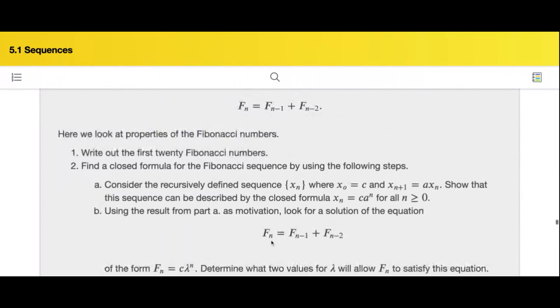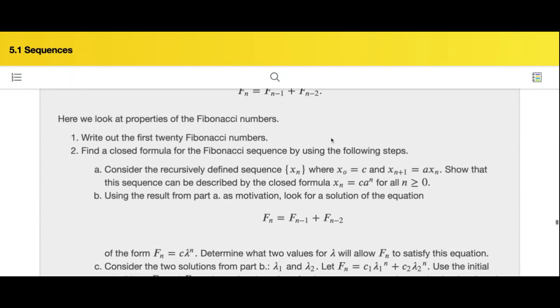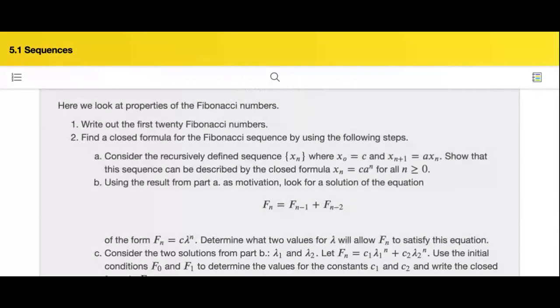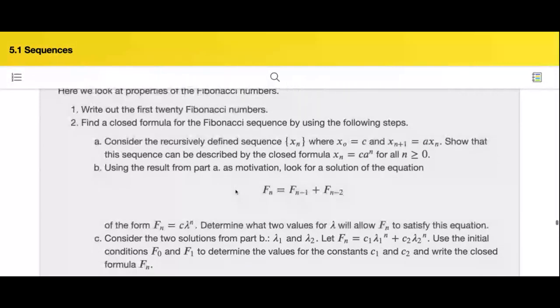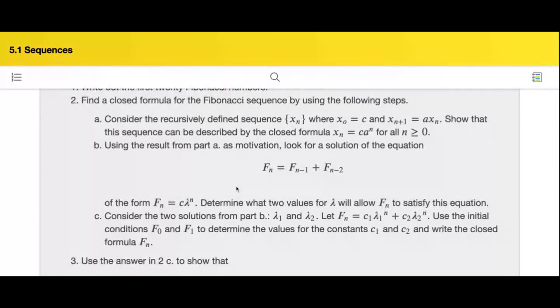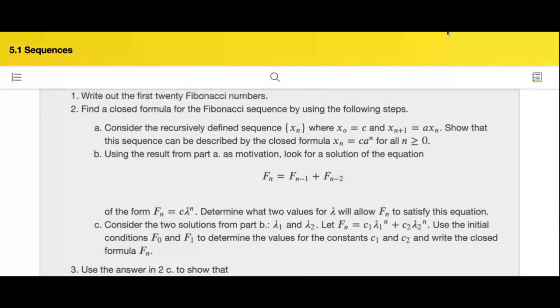So it goes 1, 1, 2, 3, 5, 8, 13, and so on. It starts with 1, 1.